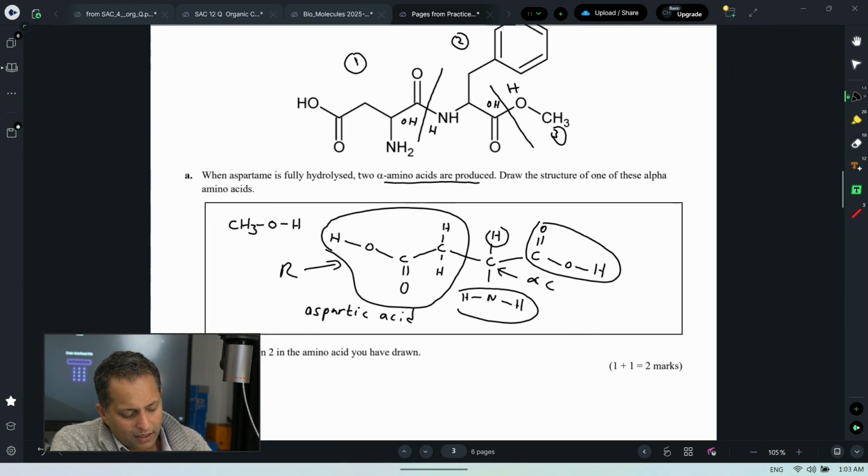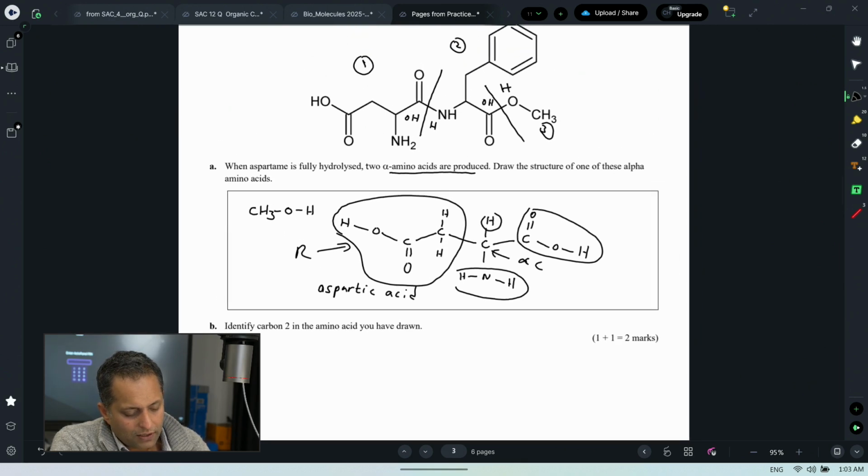Okay, what's the other amino acid? They want us to identify the amino acid, so let's try to draw it out. The NH2 group is attached to one of the carbons, so that's what I'm drawing here. Then it is attached to a carbon, and that carbon is attached to a carbon double bond OH.